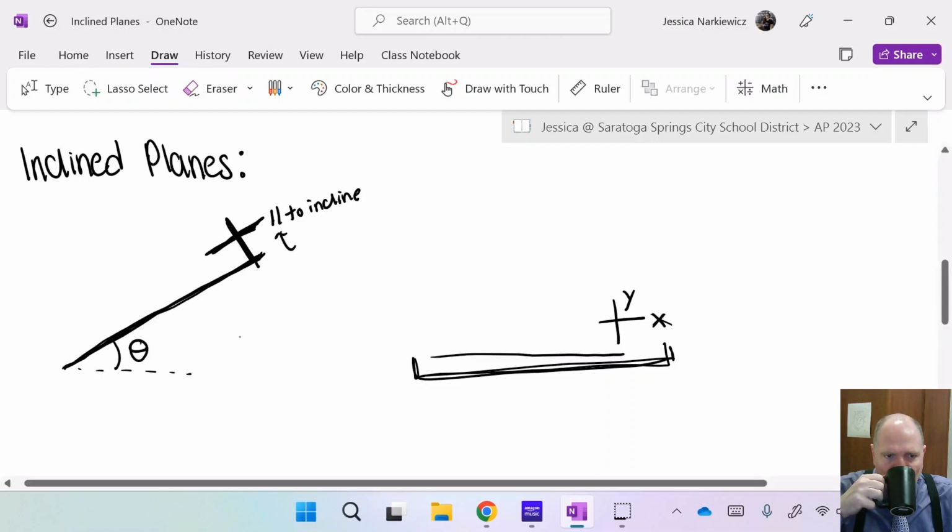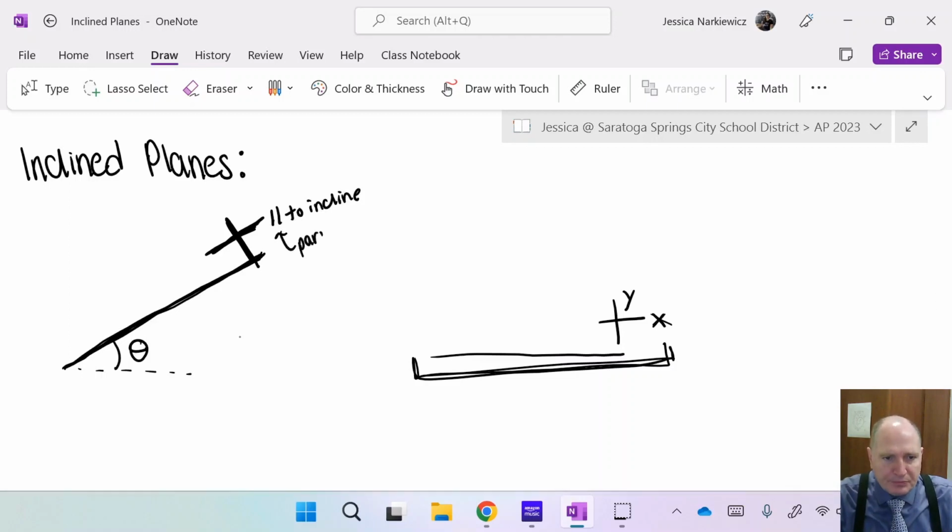And this symbol there means parallel. And then we also deal with perpendicular to the incline. Cool. Right? So this direction is perpendicular to the incline because it makes a 90-degree angle with the incline. And then this is parallel to the incline because it's right in line with the incline.